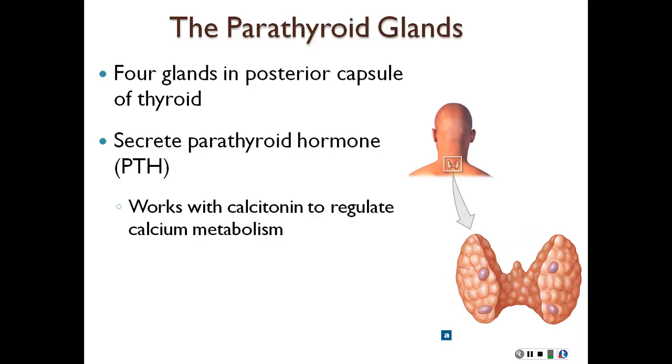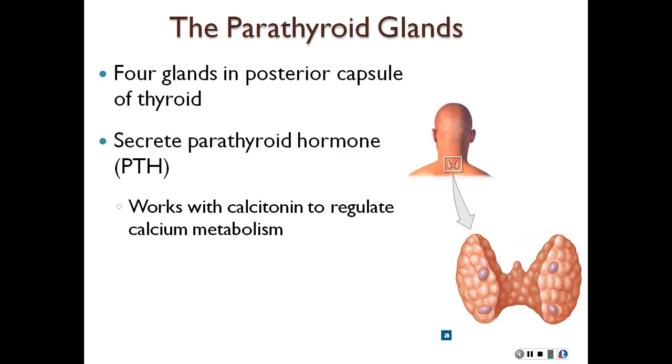Yeah, here's one, but I wanted you all to see it in the book. Okay, so you see the thyroid gland. The thyroid gland is on your neck. So what we're seeing here is the back of it. On the back of the thyroid gland, you have what look like 4 little beads. And those are parathyroid glands. They sit right there on the thyroid gland.